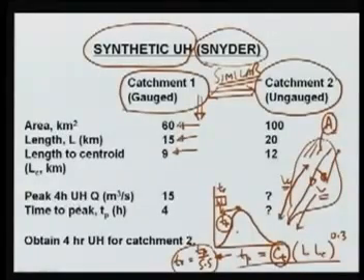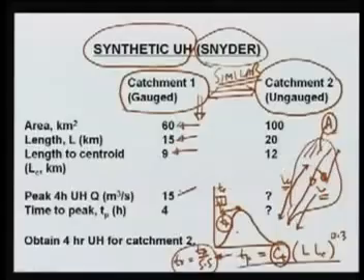A 4-hour unit hydrograph for the first catchment has been obtained because it is gauged. So we have obtained the unit hydrograph. The peak is given as 15 meter cube per second, and time to peak is 4 hours from the center of the rainfall. So this TR is 4 hours. So center means that we have 2 hours, and then further 4 hours from that.